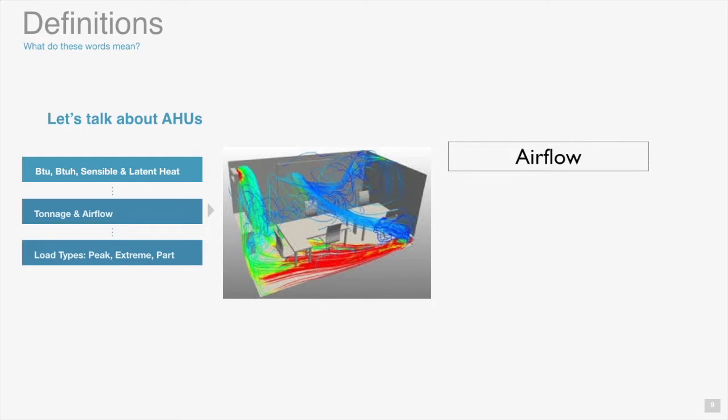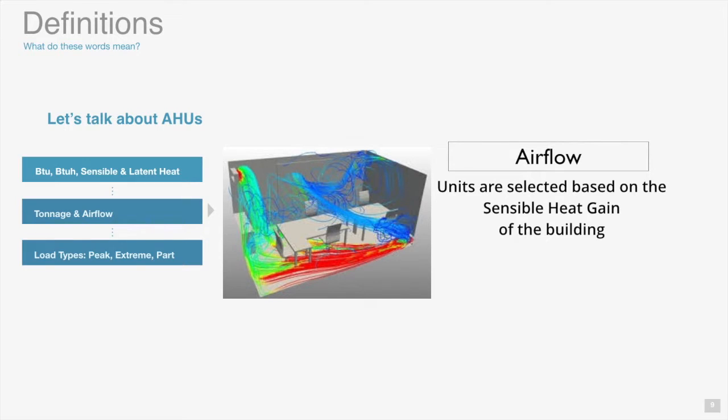Now, a little bit about airflow. Where does it come from? How does it get calculated? The units are selected based on the sensible heat gain of the building. And what you would expect from your airflow is your quantity of sensible heat equals 1.08 times your CFM times your change in temperature over the air conditioning coil.